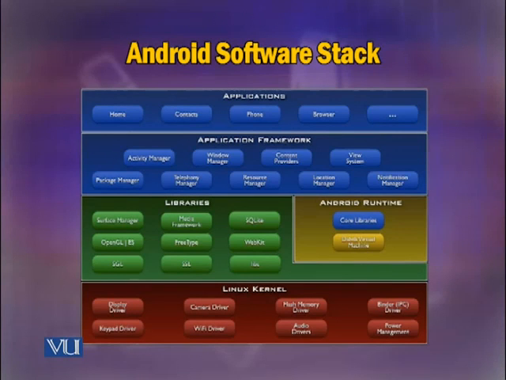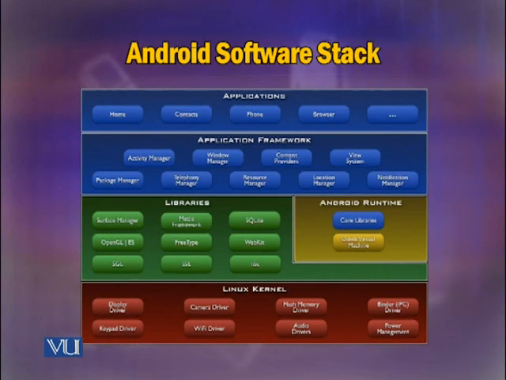इस डायग्राम को दिखाने का एक मकसद ये भी है to see how things are differently color coded. अगर आप नोट करें तो Linux kernel is a totally different color. Then on the top of it, the things written in C++, that is your native libraries, that has a different color. लेकिन ऊपर की जो दोनों layers हैं, they are in bluish color.